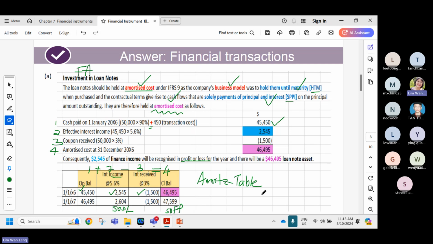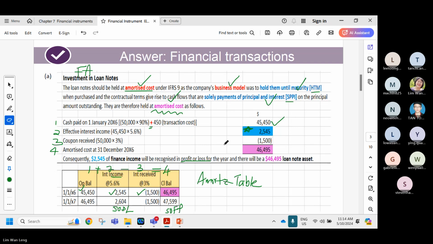So if the extract to go to the SOPL comes from column number 2, that means from here. So, in other words, 2545 will be reflected as interest income. Okay, because your investment in the loan notes. So this is interest income to Palemo.